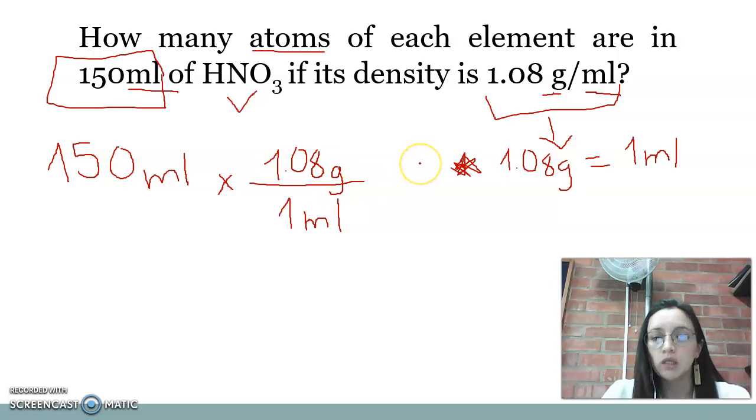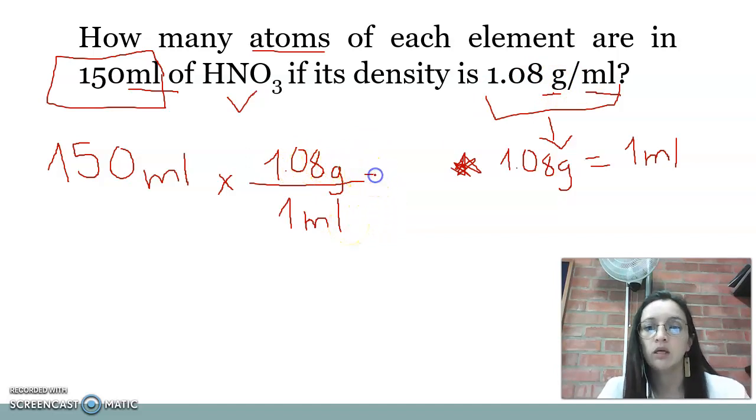Just make sure that whenever you do these conversion factors, you are keeping the number with the units that it belongs to. For example, in here, I cannot switch them to say 1.08 milliliters equal 1 gram. No, I cannot change them. I can switch so the milliliter goes up and the 1.08 grams goes in the denominator. Yes, it is possible.